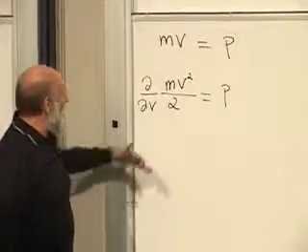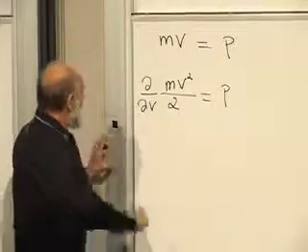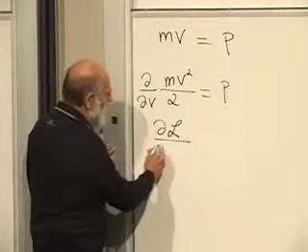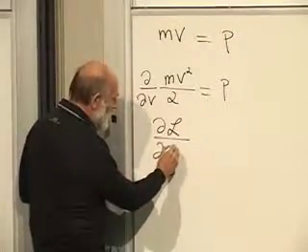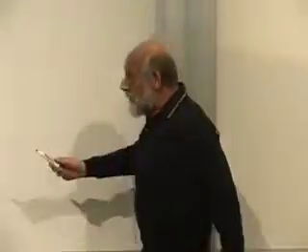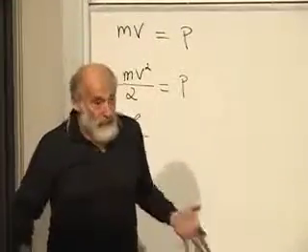But now we have some new concept of momentum, namely the derivative of the Lagrangian with respect to the time derivative of a particular coordinate. Let's call it q dot. Now, if that coordinate happens not to be the position of a particle in Cartesian coordinates, then it may well be that this object is not mass times velocity.